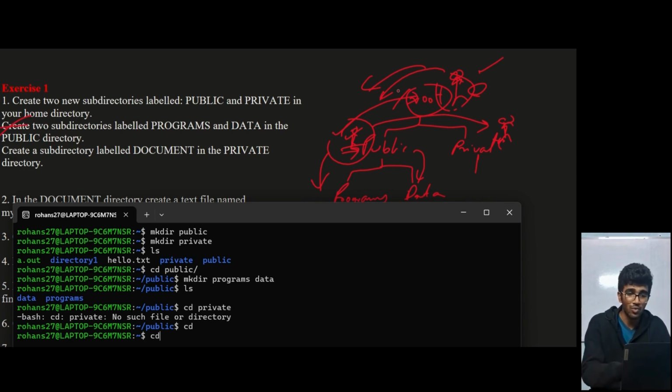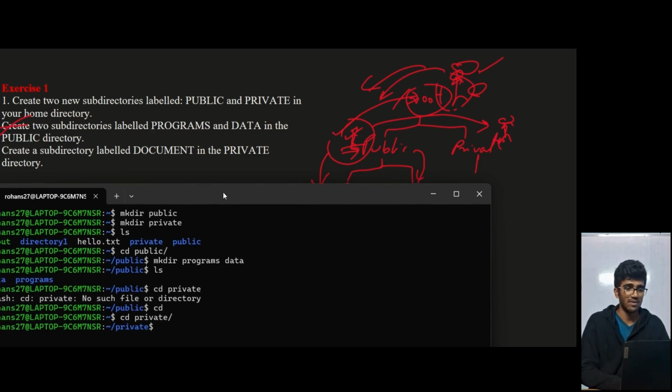Now we are present over here in the root. So cd space private, and now you can clearly go to private. Okay, now you are in private. Let me clear this.